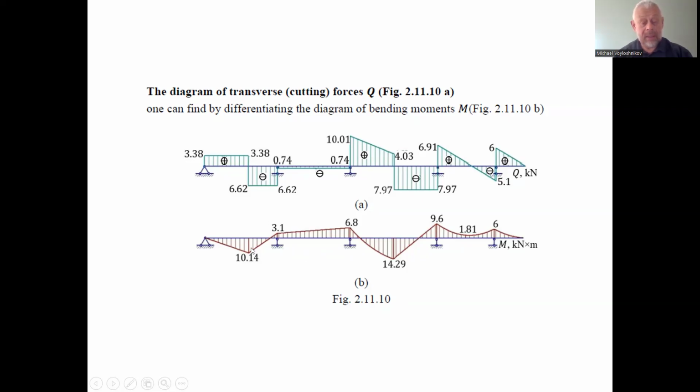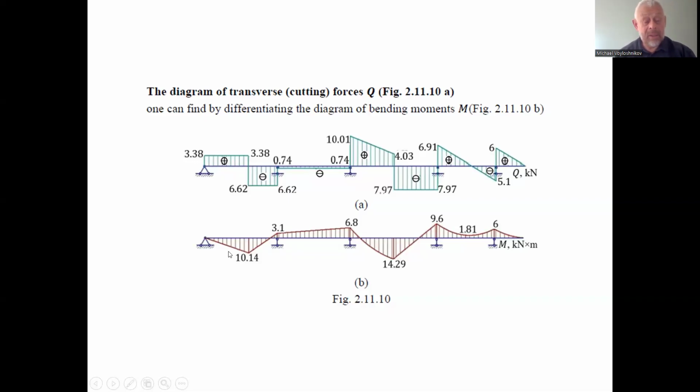Here we have the reduction due to this minus on the shearing force diagram. This minus corresponds to the tangent of the angle of inclination of this part of the bending moment diagram. So from the geometric point of view, this area of the shearing force diagram corresponds to 10.14 plus 3.1, the total magnitude at these two ends of this part of the span.